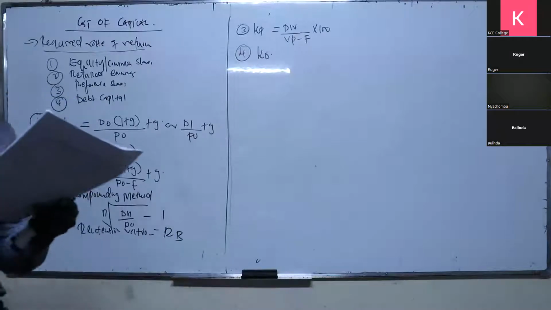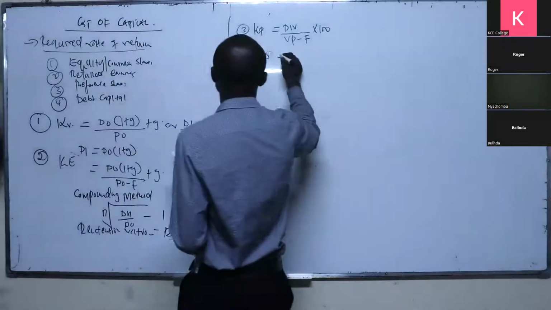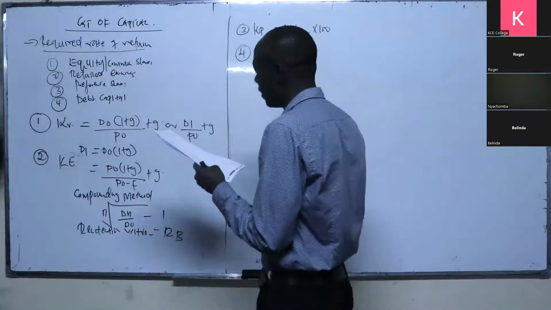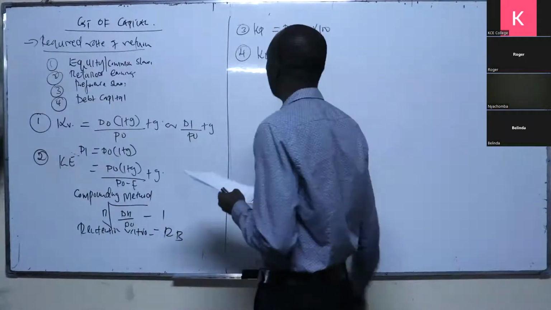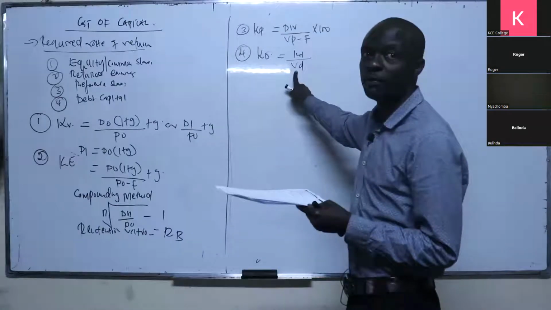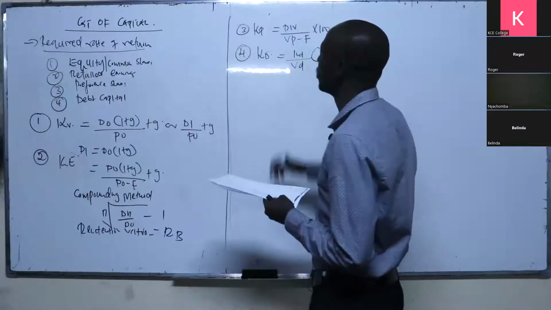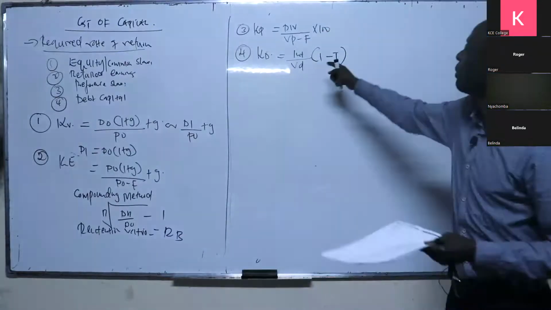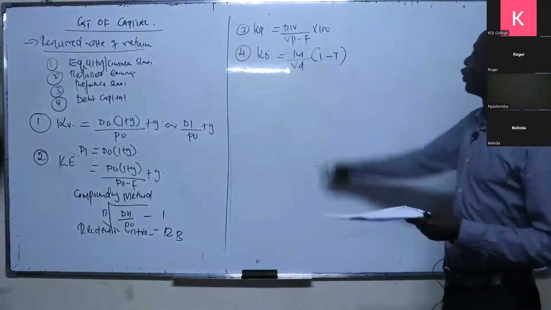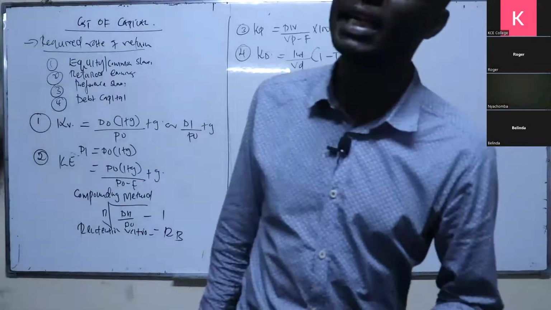So how do you determine this kind of debt? KD is equal to the interest that you're paying on the debenture over VD. The VD is the current value or the book value, and then it must be net of tax, 1 minus T. KD is equal to interest over VD times 1 minus T. So this is how you determine the cost of debt where the debenture is irredeemable.